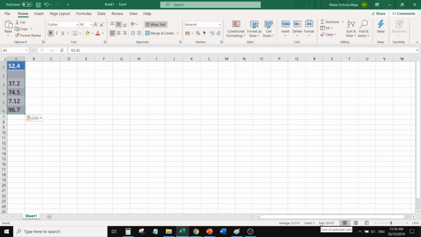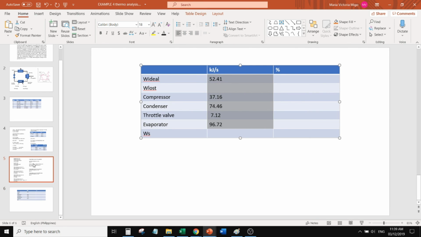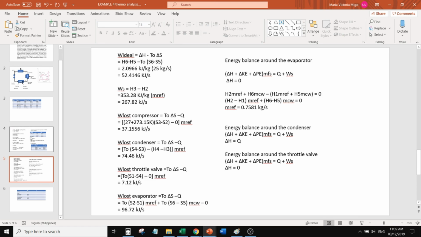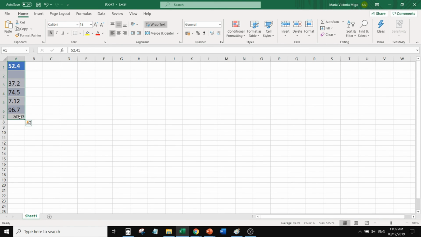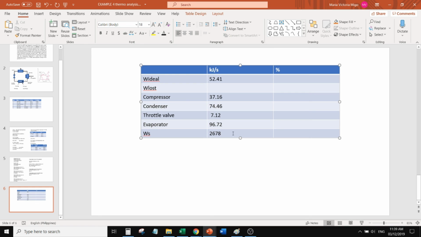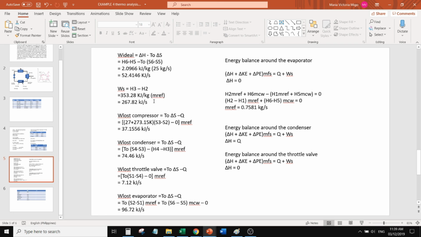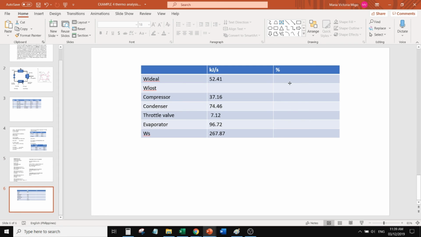Okay, the total is 267.87. Our work shaft calculated is, where's the work shaft? This one. So 267.82, which is close. So the total of the work ideal plus the work lost is this value, 267.87. And our calculated work shaft is 267.82. So that's good enough. That's close enough.